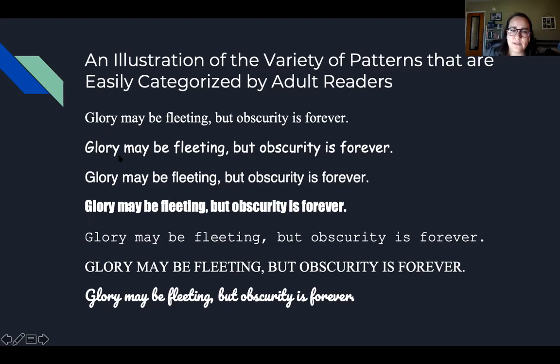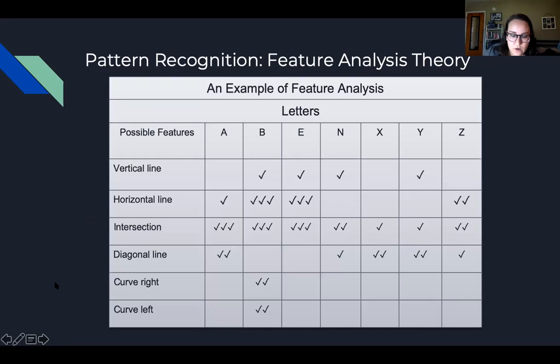So a Y, well, it has a long diagonal and a shorter one, and they come together and it intersects not quite at the halfway of the longer diagonal. And that's really distinctive of the letter Y. We're not seeing any other letters that have that sort of set of features.